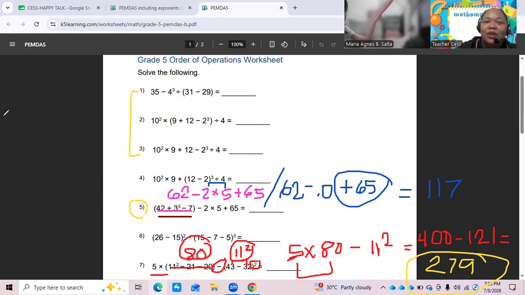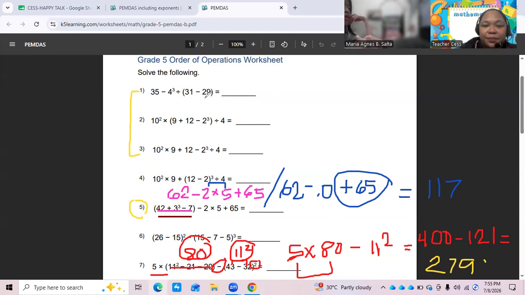You can multiply and divide as fast as you can. From 1 to 3, which one are you going to try? You can choose one. I would do 1. You can do number 1.